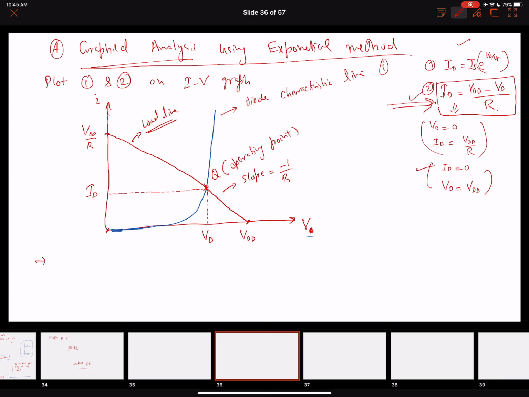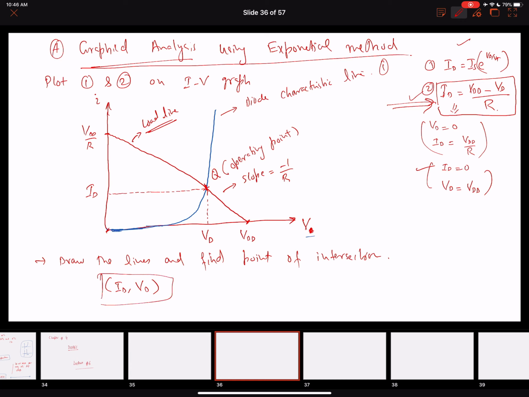So we draw the lines and find the point of intersection. That ID and VD is what we want to find. This is how we can find it.